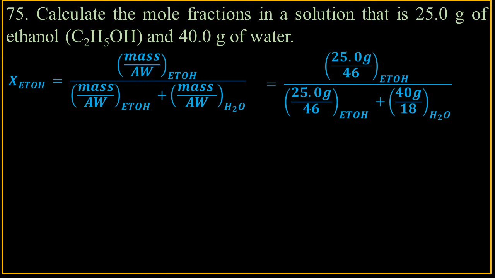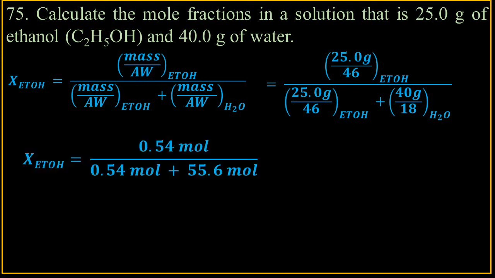So the mole fraction of ethanol is going to be 25 divided by 46 divided by 25 divided by 46 plus 40 over 18, and that's going to be a very small fraction of this is going to be ethanol. Capital E, capital T, capital O, and H is the abbreviation for ethanol, so that's going to be 0.2 ethanol, and so therefore it would be 0.8 water.